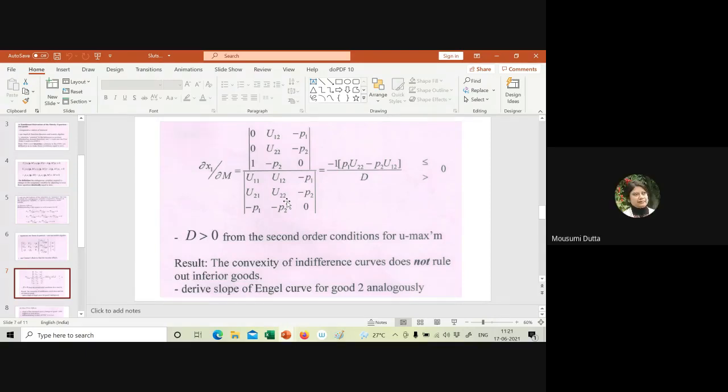Yes, ma'am. Basically, P1 U22 will be positive and P2 U12 will be negative. Because the minus is outside, so it becomes the same thing.